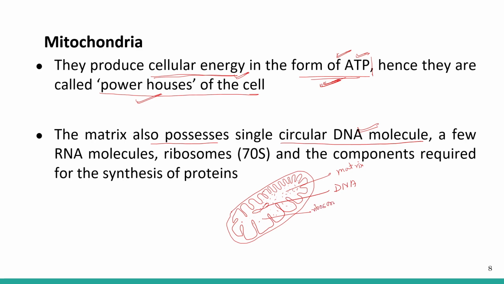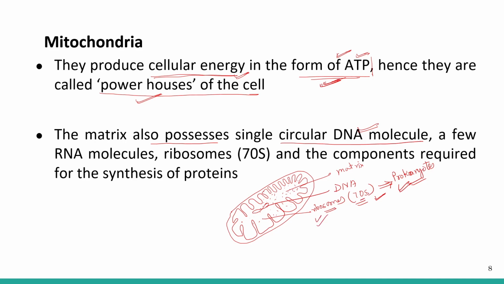Now these ribosomes are of 70S type. So we have earlier seen that 70S type of ribosome is a peculiarity of prokaryotes, right? So prokaryotes have ribosomes of 70S type.